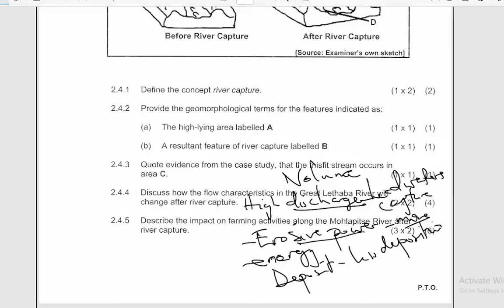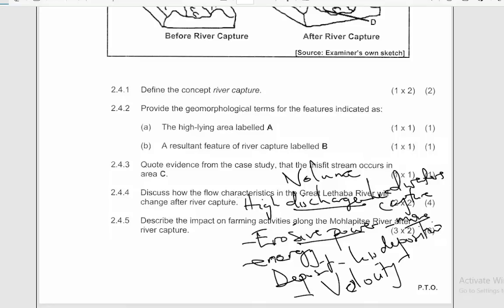And also what is going to happen to the velocity? We talked about volume. Velocity definitely is going to increase. The river will become faster in terms of its flow because of re-energization which comes from the headwaters captured from the other stream. So when you're looking at a flow characteristic, relate to the discharge level or the volume, relate to its capacity to erode, relate to the level of deposition happening, relate to the velocity of the river.